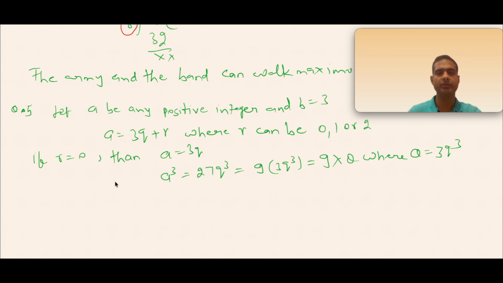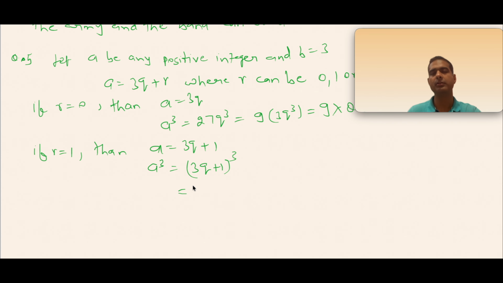Now if r is equal to 1, then a will be equal to 3q plus 1. So to cube this, we can apply the formula of a plus b cube.